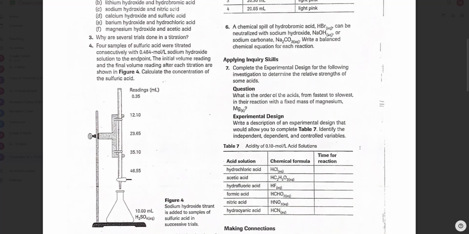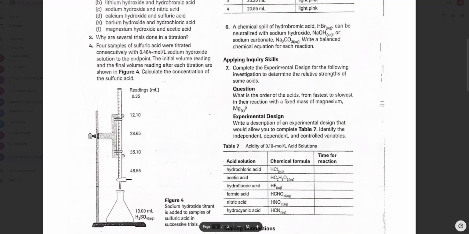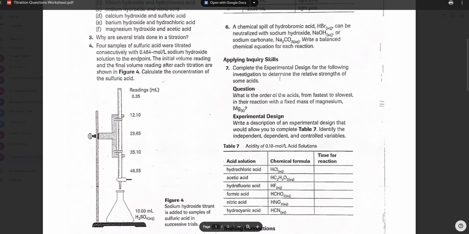Yeah, I don't know, mass of magnesium or something. I'm not sure. I'm guessing the mass of magnesium or something with the reaction. So the control would be the acidity of all the acids, the volume of the acids, and I guess the mass.